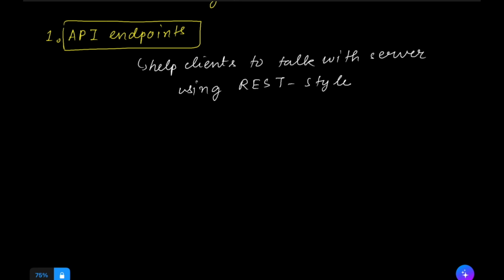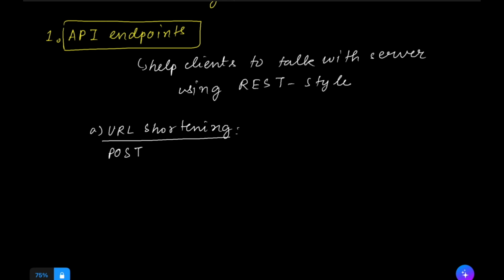So basically, to do a URL shortening, we make a POST API call. The client sends a POST API request which contains one parameter, which is a long URL.